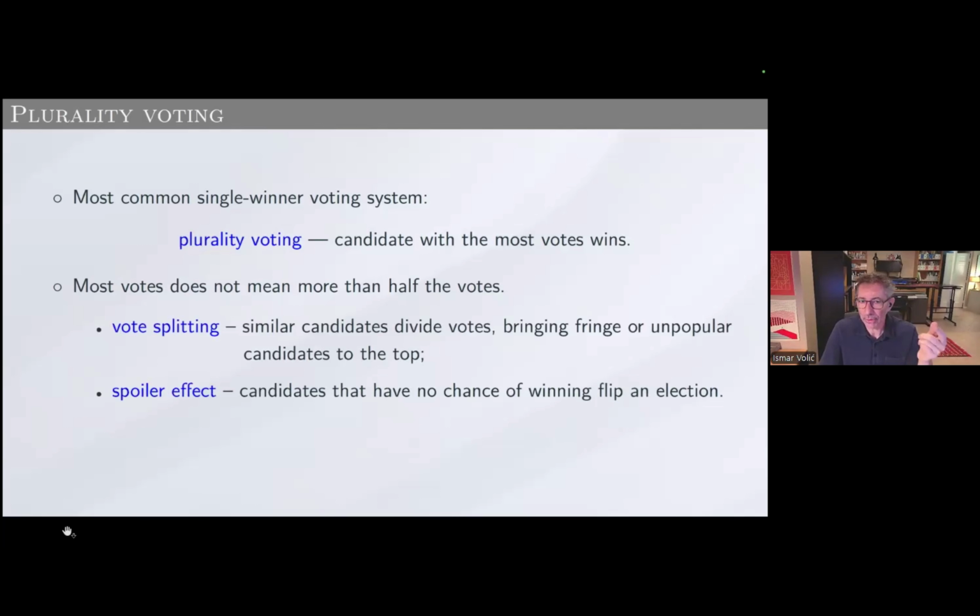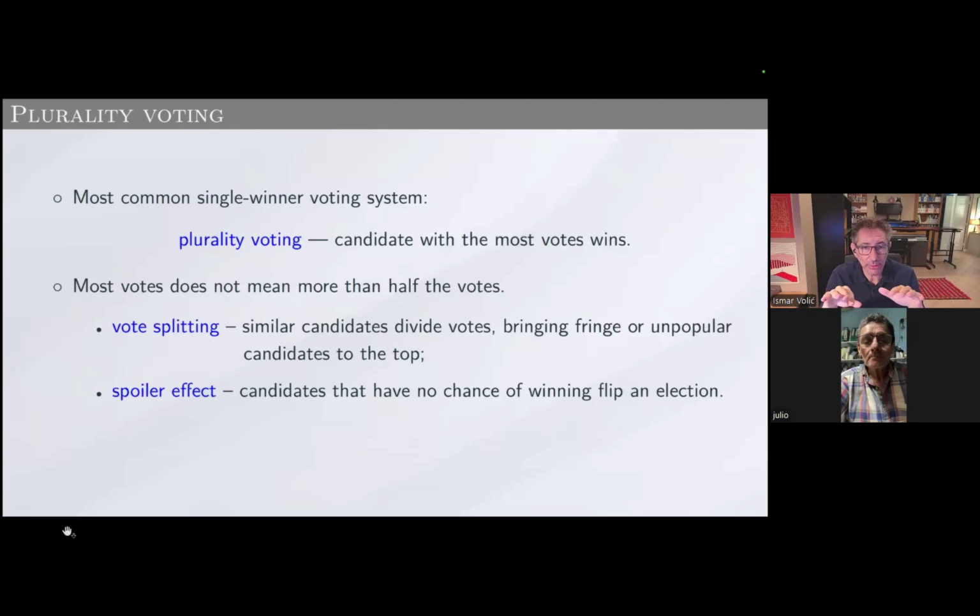So vote splitting occurs when similar candidates divide the vote of most of the electorate. So the candidates who are similar don't end up winning. The vote splitting allows another candidate to rise up to the top and win the election, even though most people support these candidates in a block of candidates that are similar to each other.